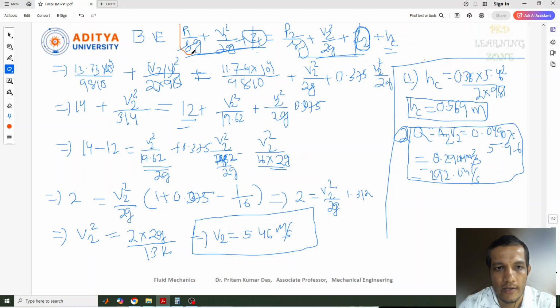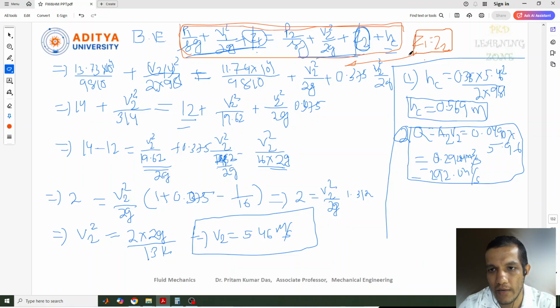For that we require Bernoulli's equation. From this we can find the value of V2, because we have already converted V1 in terms of V2, so only one unknown will be there. Here Z1 equal to Z2, since it is a horizontal pipe. From this equation we can find V2. Once we find V2, we can go for HC and calculate the Q value. This is the answer.